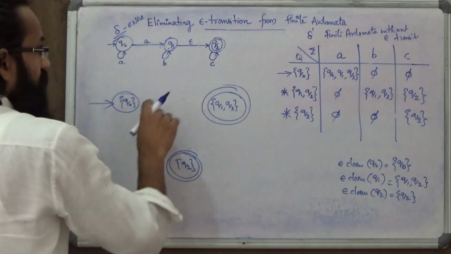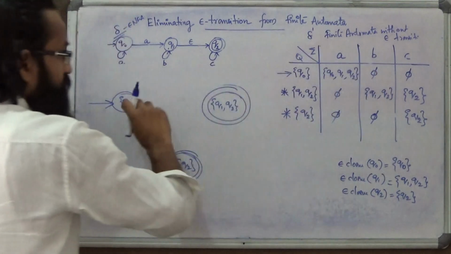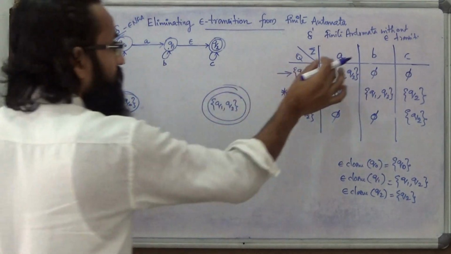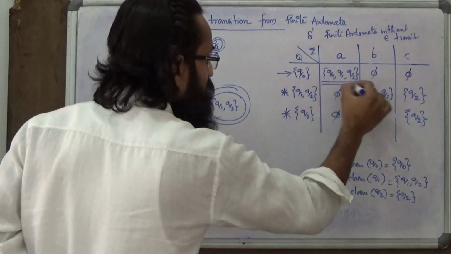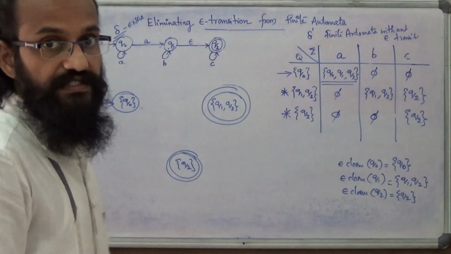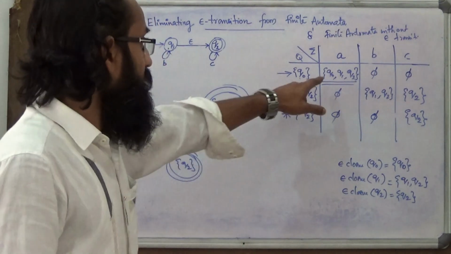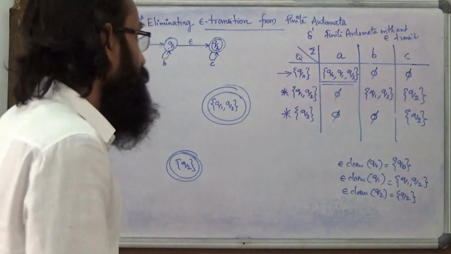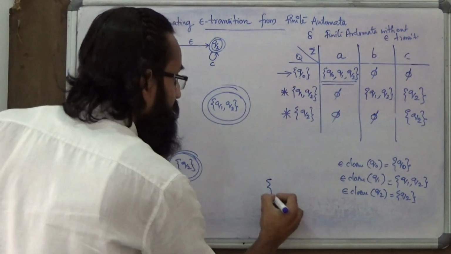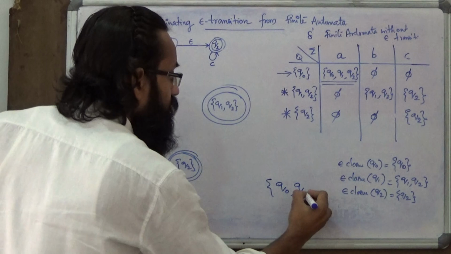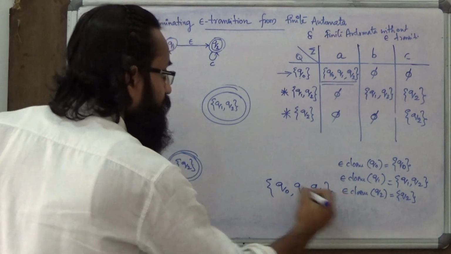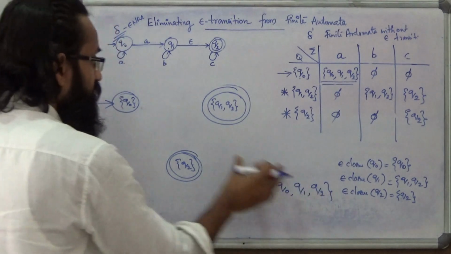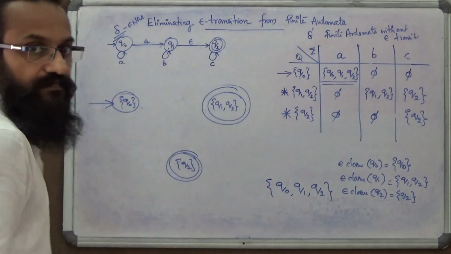Now add transitions one by one. From this state labeled set q0, if we apply input a, it actually goes to set q0, q1, q2, and you are not having a state with a label like this. But if we analyze this particular set, that is set q0, q1, q2, this is actually the union of these two states.